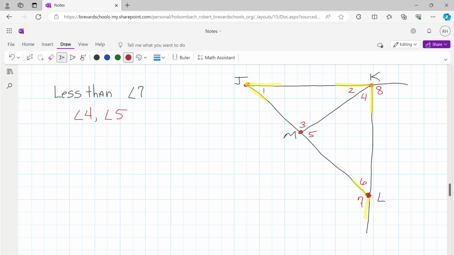So what else is less than angle 7? We've already got 4, we got 5. What else? Anybody see anything else? Very good. 1 and 2. Angle 1 and angle 2. Angle 1, just because of the rule that it's a remote interior angle to angle 7. And angle 2, because it's part of another remote interior angle to angle 7, but it's combined with angle 4. All right?